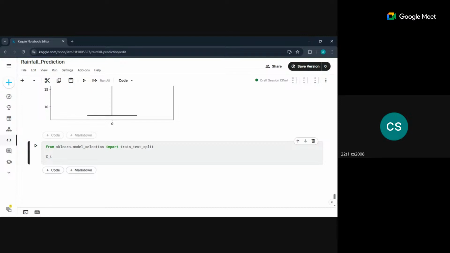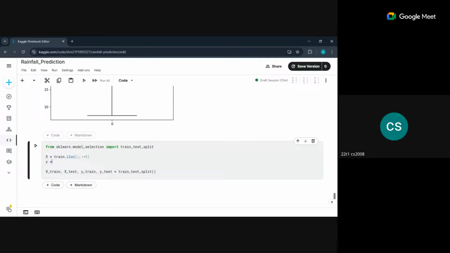Okay, will this code snippet give an error or will it be fine? Are we missing something? Sir, we haven't separated the targets from the features. Good. So how do we do that? iloc or drop.